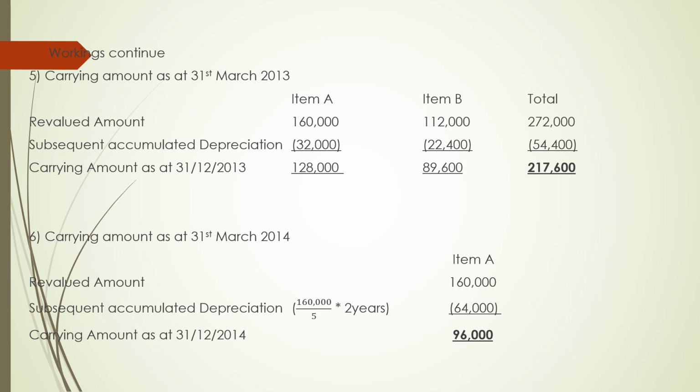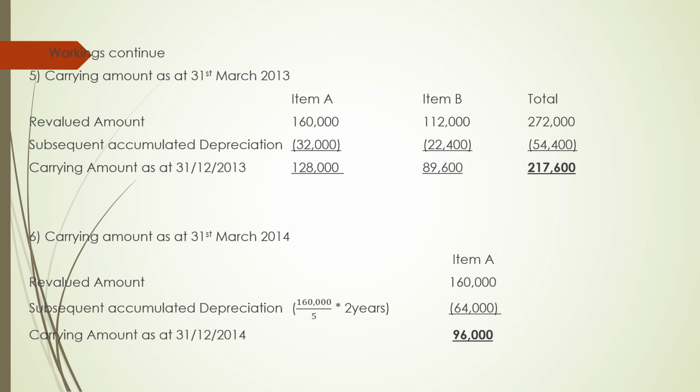Right. And then because our requirement is that we prepare the financial statements for March 2013 and 2014, it has become necessary for us to ascertain the carrying amounts of both items for the two periods.